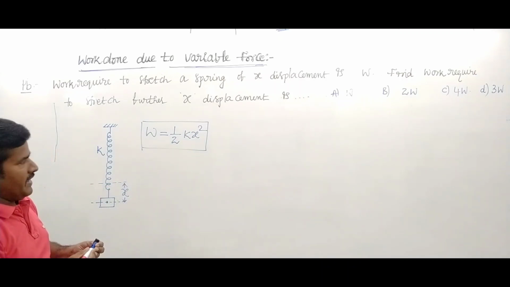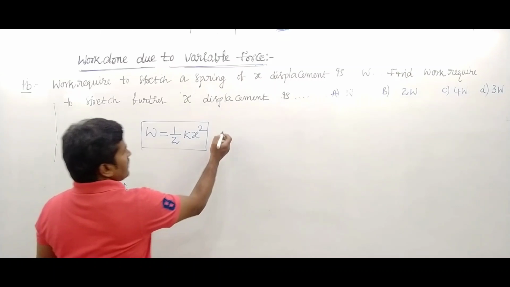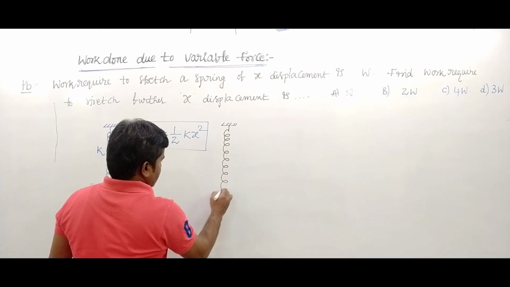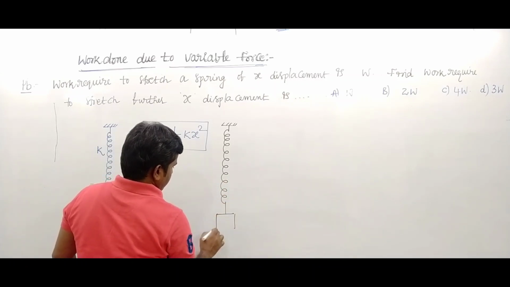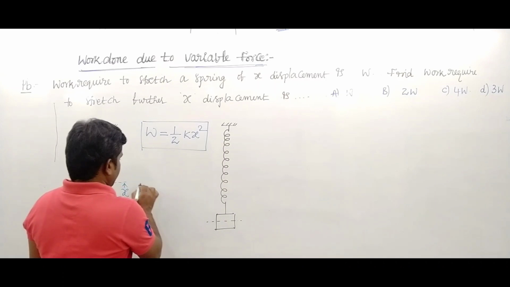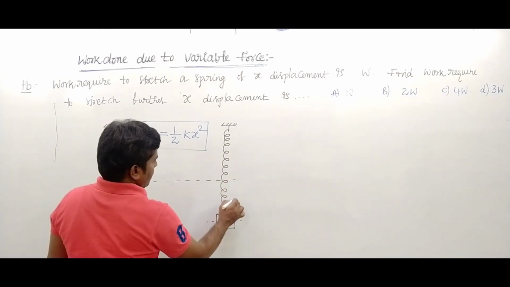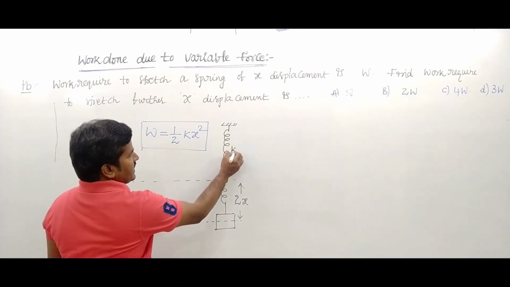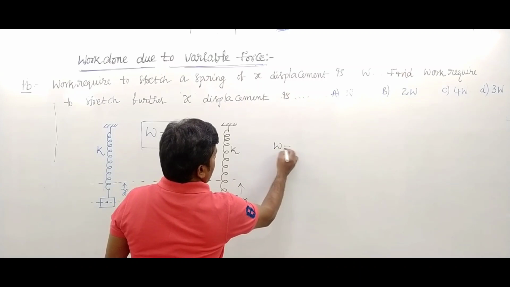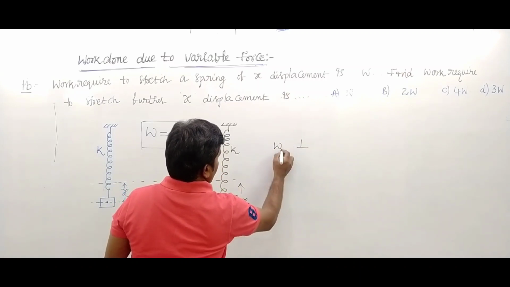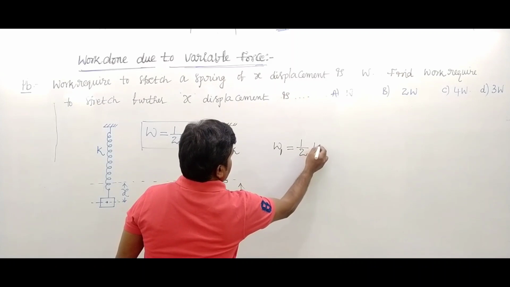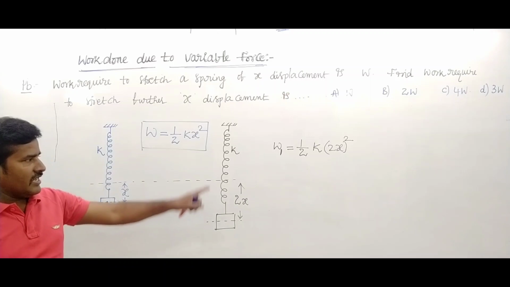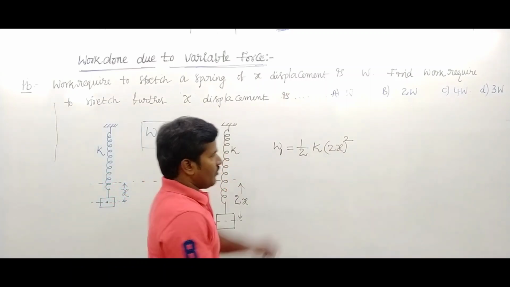Further X displacement means the work required to complete a 2x displacement. Suppose the displacement is 2x. Here the force constant is k, and the work done, written as W1, equals half k into (2x) whole square.